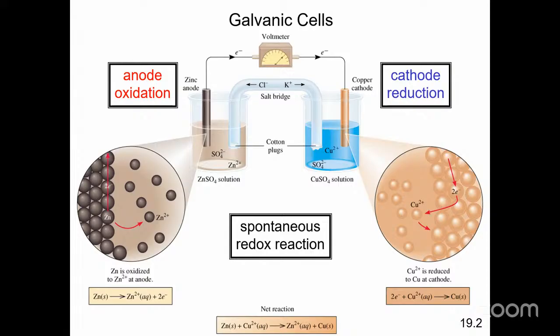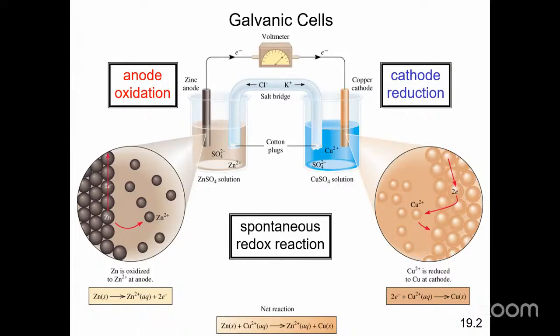A good example of an inert electrode would be carbon in the form of graphite. It only serves as a conduit between the external circuit and the solution in terms of electrons leaving and going. Another example would be platinum, which is the example we're going to see shortly.